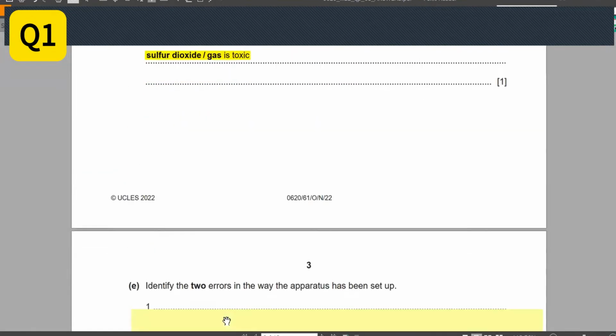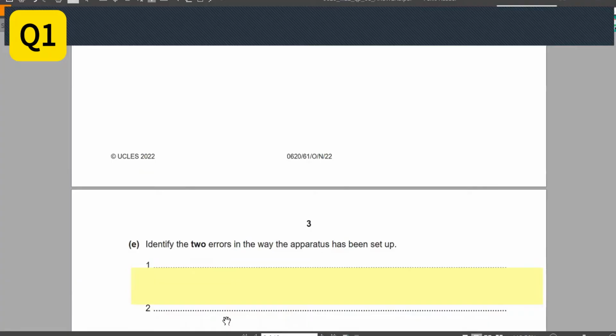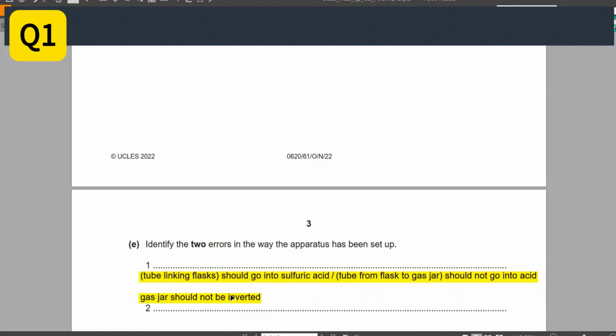Next question, identify 2 errors in the way the apparatus has been set up. So what are the 2 errors? First one, the tube linking the flask should go into the sulfuric acid. The second one, the glass jar should not be inverted.